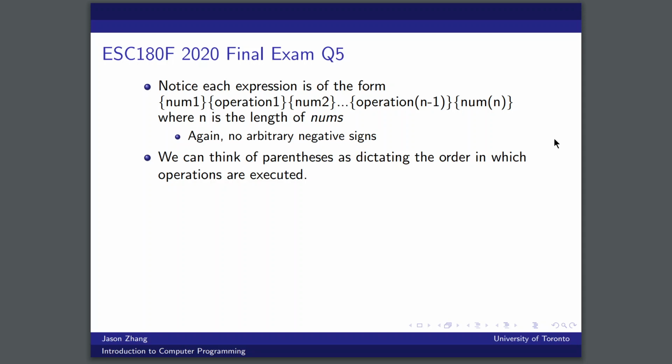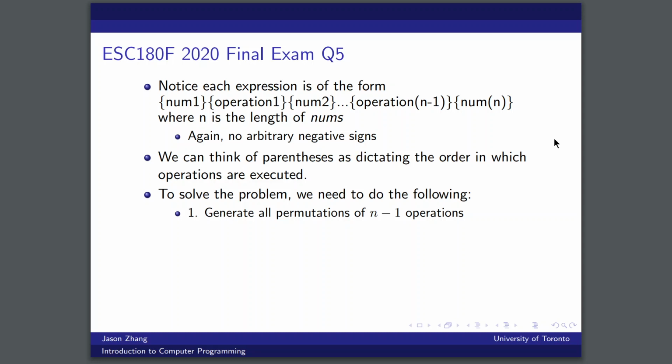You'll see what I mean later, but basically that's what we want to do, because parentheses can only dictate the order in which operations are executed, which means that we essentially need n sets of parentheses.